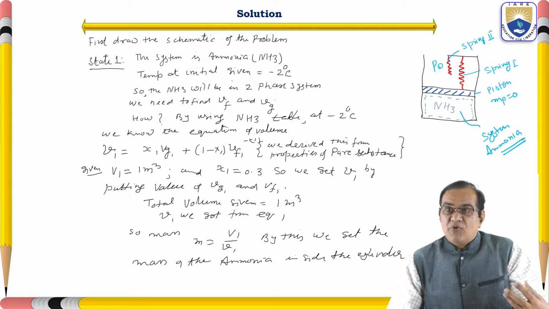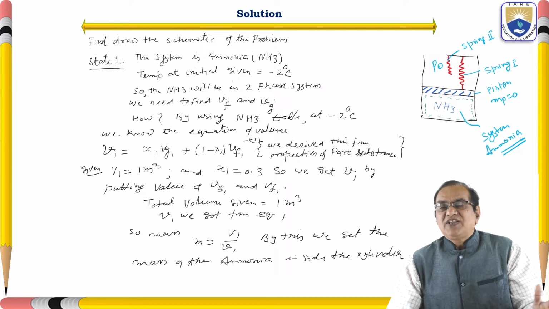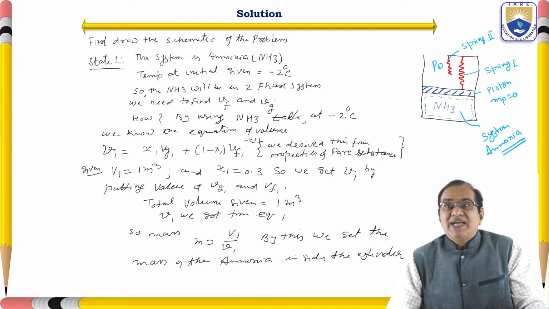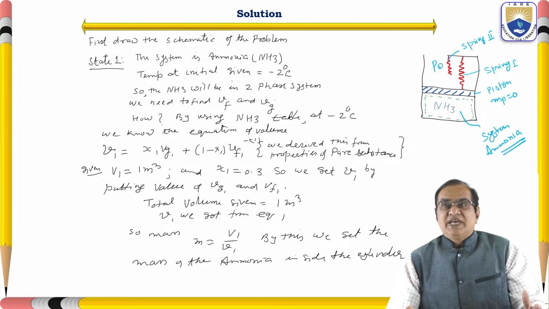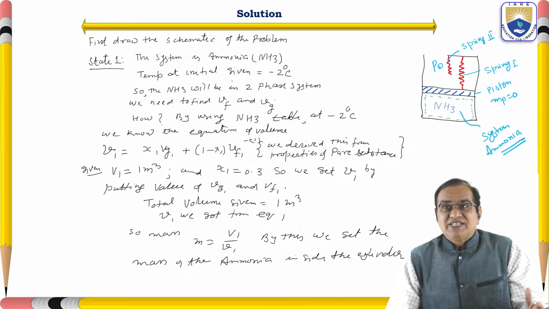But if it is ammonia or some refrigerant, or water, we cannot directly use the gas equation. So we should be very careful while using the equations and the tables. Here ammonia is in a two-phase system, and in a two-phase system we cannot use the ideal gas equation.